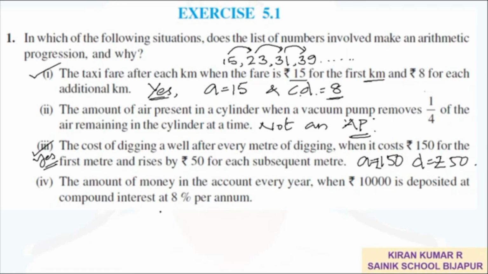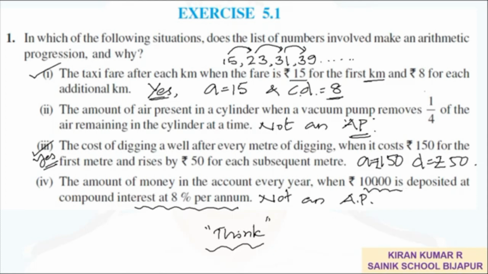Look at the first statement. The amount of money in the account every year when rupees 10,000 is deposited at compound interest at 8% per annum. I will say that it is not an AP. Think about why it is not an AP. You need to really understand what compound interest is, and they have given compound interest as 8% per annum. This is the principal amount.